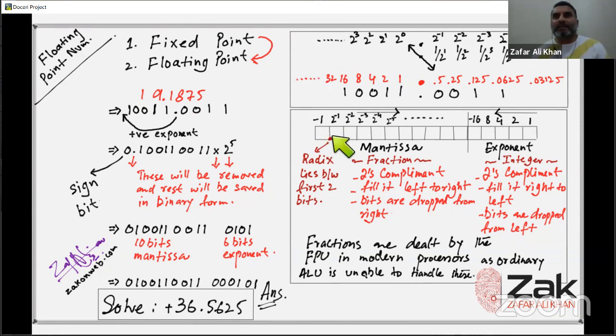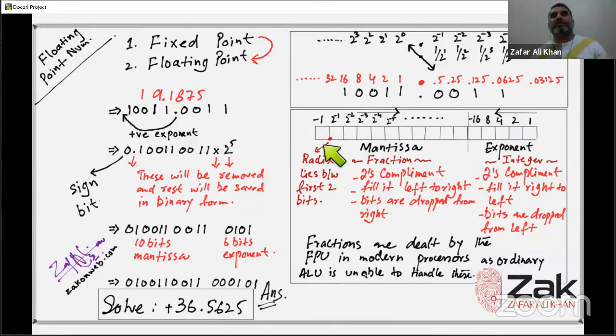Now, as I described in the previous figure, this is always -1 and this would be 0.5, 0.25, 0.125, 0.0625, 0.03125, going towards the right side. Whereas the exponent will be 1, 2, 4, 8, 16, always going towards the left side. And in both cases, the values given are in 2's complement form.